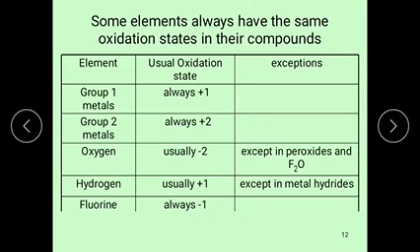And next one is hydrogen. The oxidation number is usually taken as +1, but in the case of metal hydrides we have to take it as -1. And fluorine is always taken as -1.